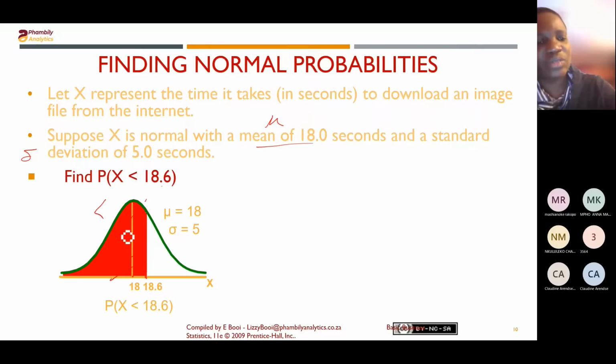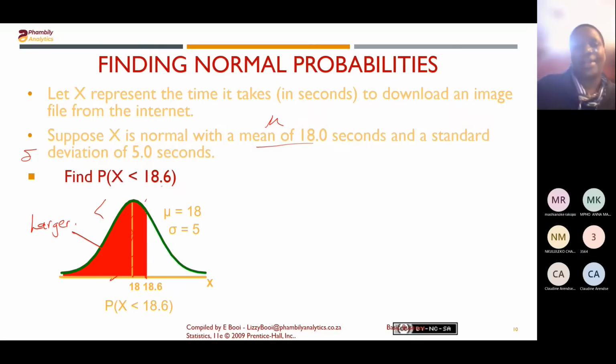Shade the area to the left. So we're shading this area to the left, looking at the area to the left as compared to the area that is not shaded. Therefore, when we standardize the data, this area is the larger area, because the portion that is left is small. So we're going to find our answer in the larger portion.